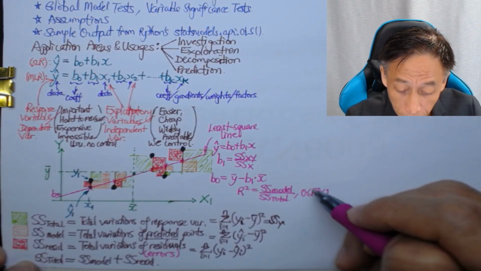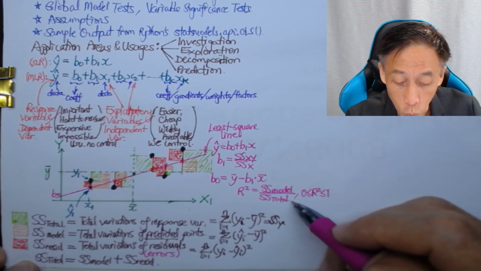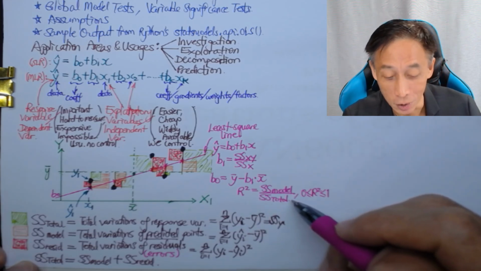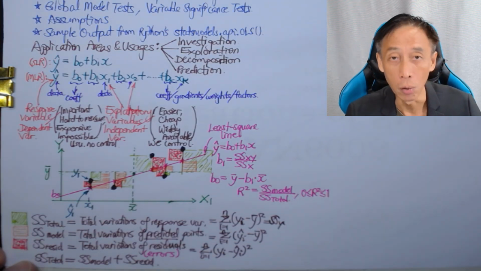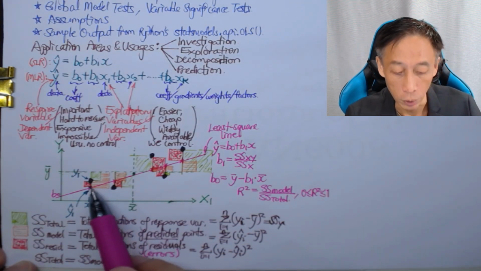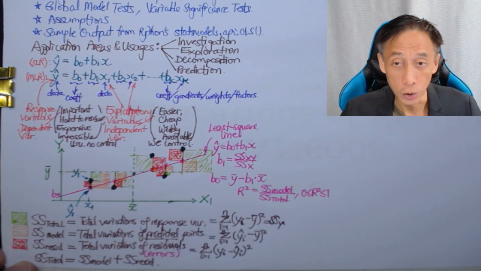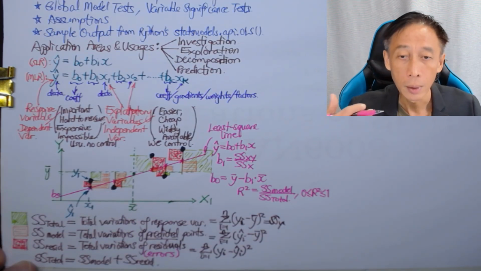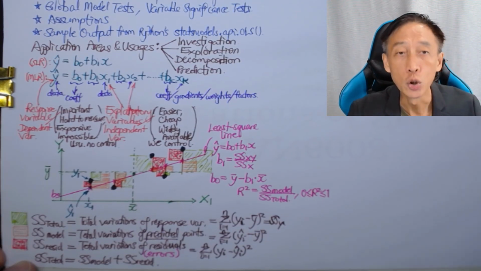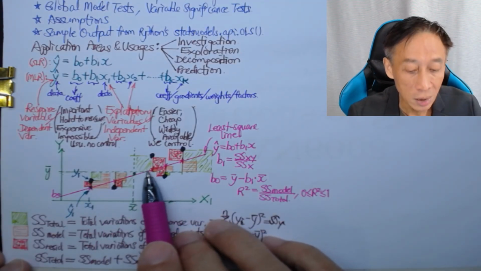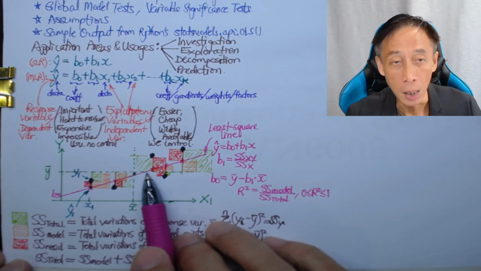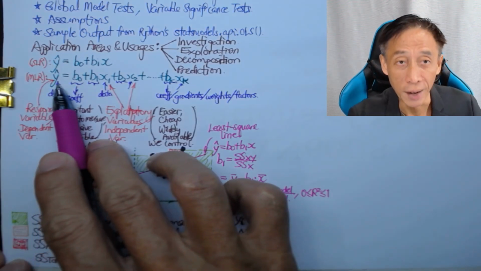So this number, we like it to be as close to 1 as possible, because we are trying to make the model swing or create variations, therefore the orange squares, as much as possible, so that it would mimic the green squares. The green squares are the given, we cannot change them based on the observed y values.